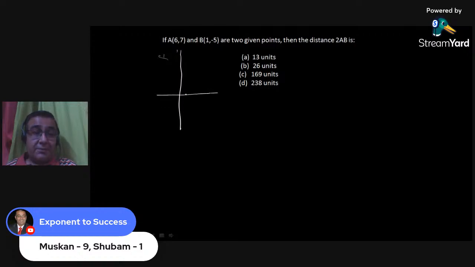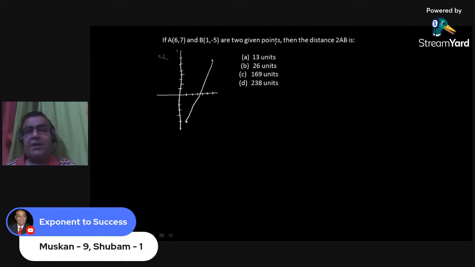So 6 comma 7. So 1, 2, 3, 4, 5, 6, 1, 2, 3, 4, 5, 6, 7. So the point will be somewhere here. 1 comma minus 5. So minus 1, minus 2, minus 3, minus 4, minus 5. It's somewhere here. And distance is this.